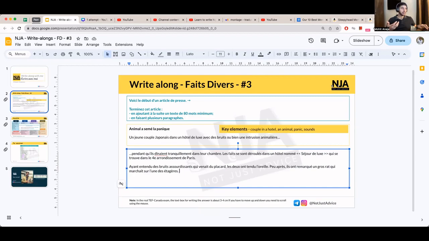So it's an animal that I am taking from the key elements. It's an animal, it has to cause panic. It cannot be a very cute animal like a butterfly that nobody fears, okay? It has to be something that people fear. So rat fits the description very well.